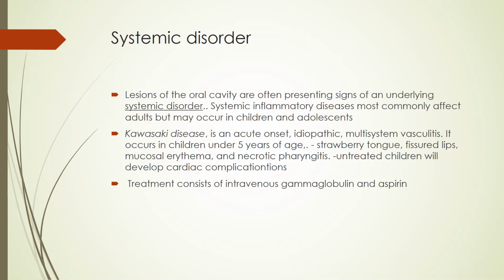If untreated in children, it can develop cardiac complications. But what is involved systemically? Vessels. The treatment usually consists of gamma globulin.